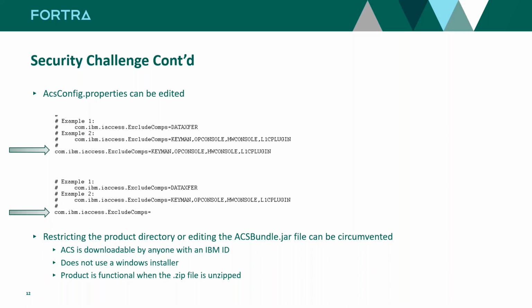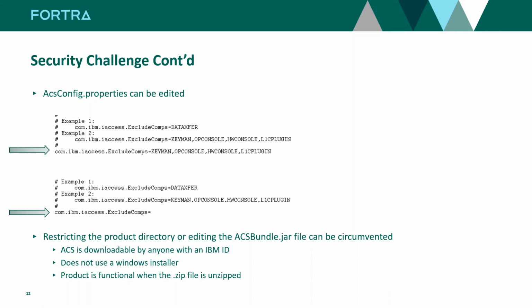Some organizations have chosen to restrict the product directory or even edit the contents of the ACS bundle.jar file, but those can be circumvented. And again, being able to easily download it or get a copy would circumvent what's in the product directory, because to be able to exercise ACS, a product install is not required.